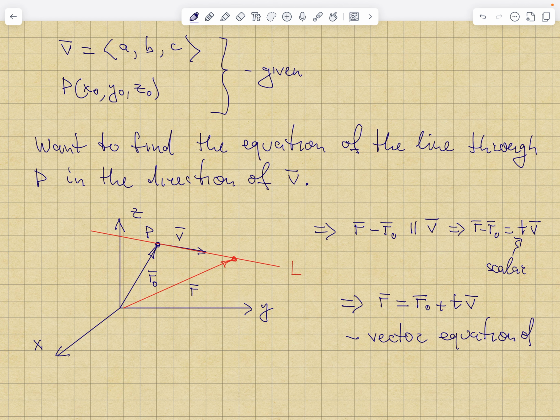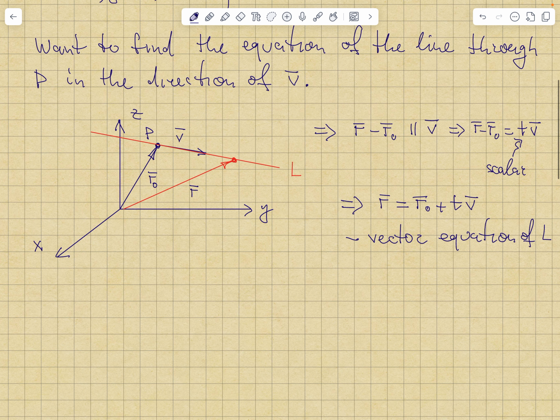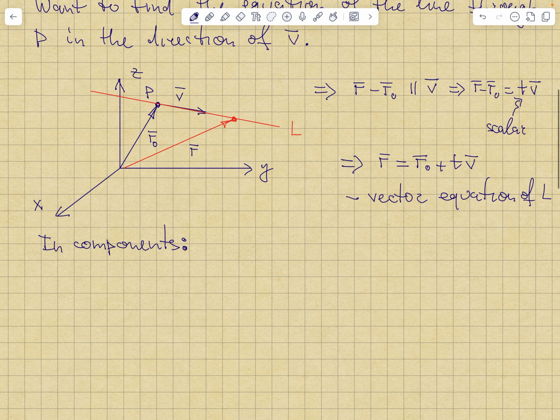Now we can rewrite this equation in components. So that means that x, y, z should be the same thing as x0, y0, z0 plus t times a, b, c.